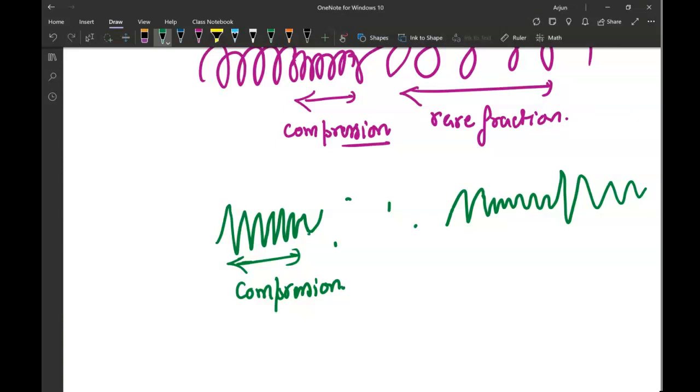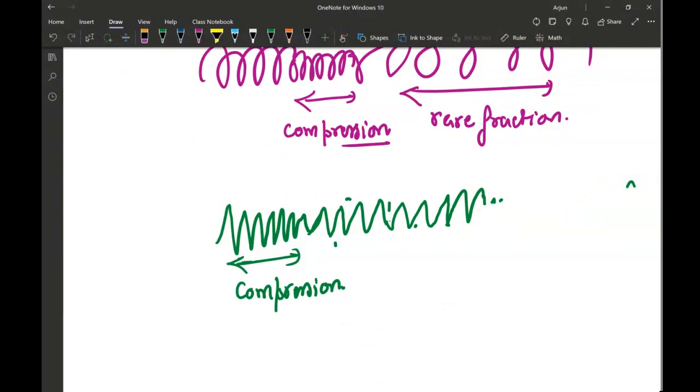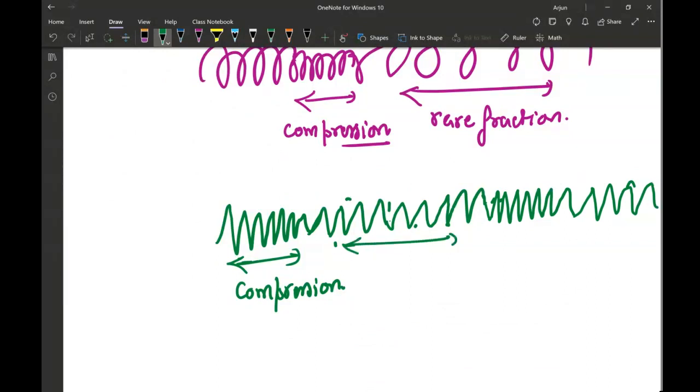It's just a compression, and the amplitude should remain the same throughout the wave. So it will look like this. Here it is undergoing rarefaction, this is again compression, this is again rarefaction. That's how the signal is transferred.